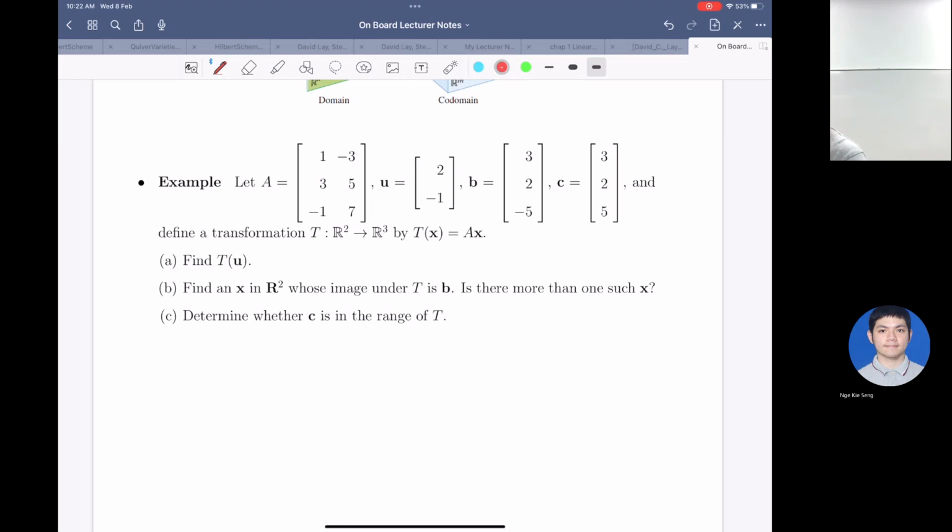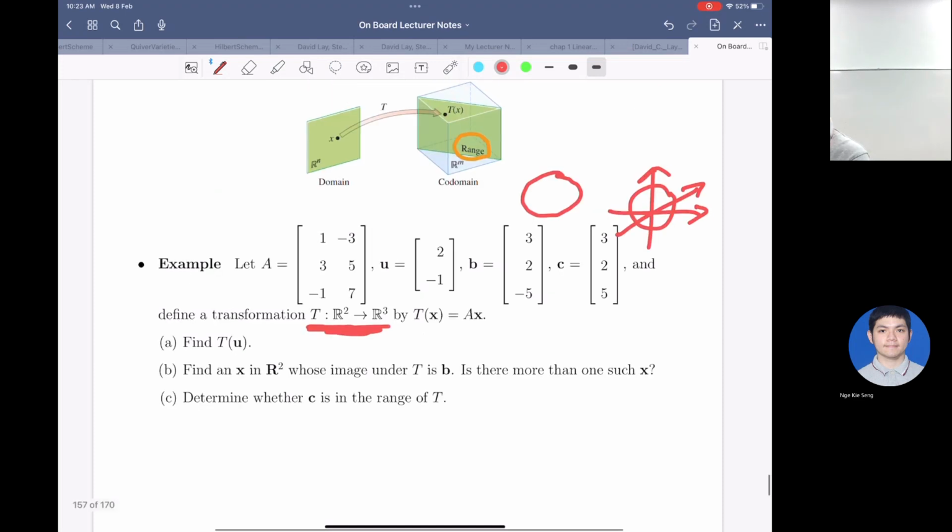The question is, we define a transformation from R2 to R3. Meaning we put something in R2 into the space of R3. You can put it like this, you also can put it like this, maybe like this. There are different ways to map it.